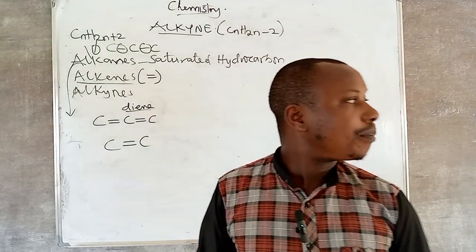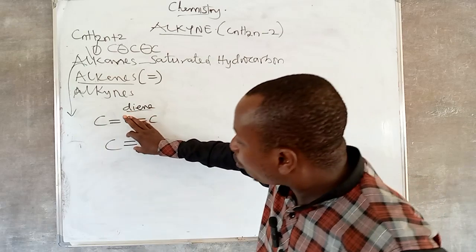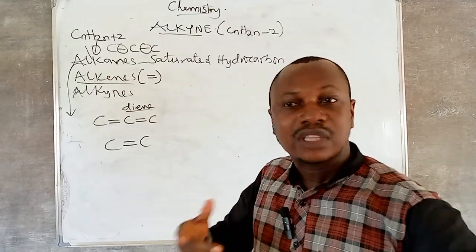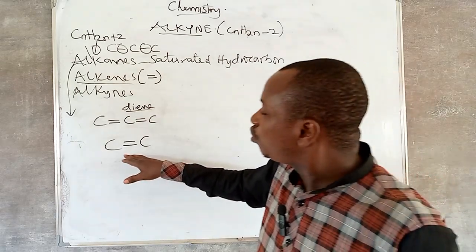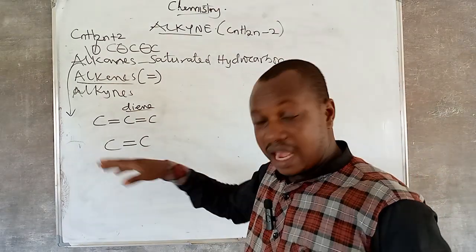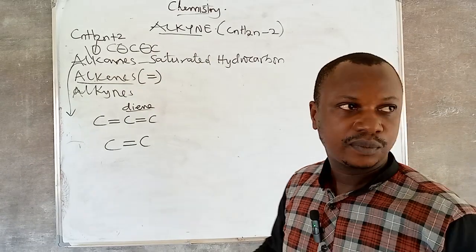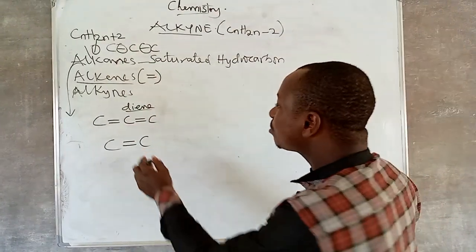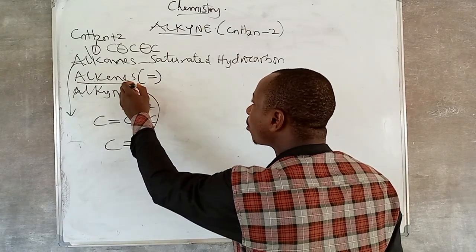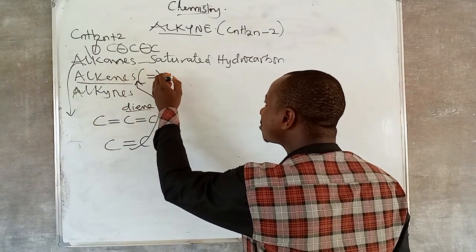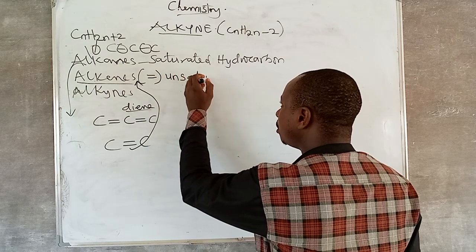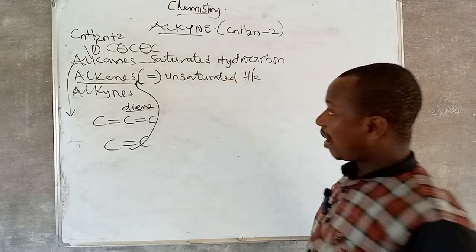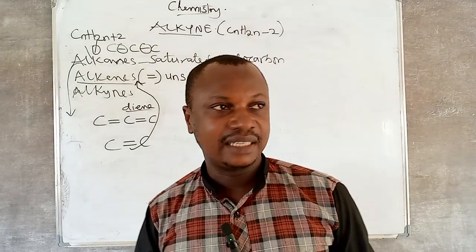Anywhere you see a compound with a double bond holding carbon to carbon, you can have alternate double bonds, but if you notice a double bond anywhere around the ring, note that it belongs to alkenes. This double bond confers a degree of unsaturation, so alkenes are unsaturated hydrocarbons.